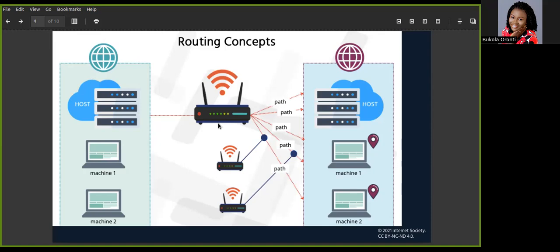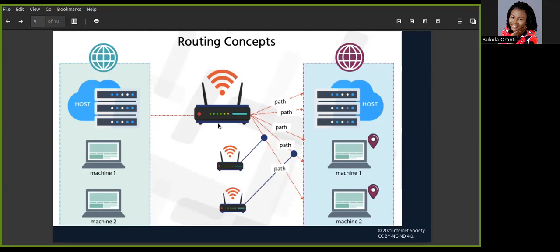Once it looks at it, if the destination is not within its local network, it sends it out to the available IP addresses within its routing table. If it's within the routing table, it just sends it to the correct interface and it gets to the network.